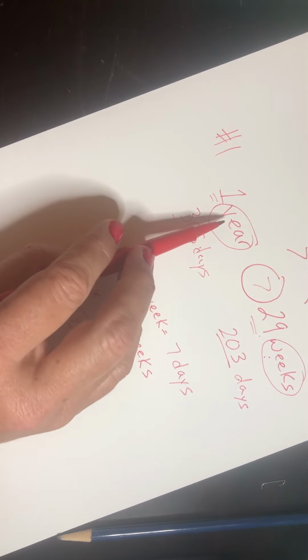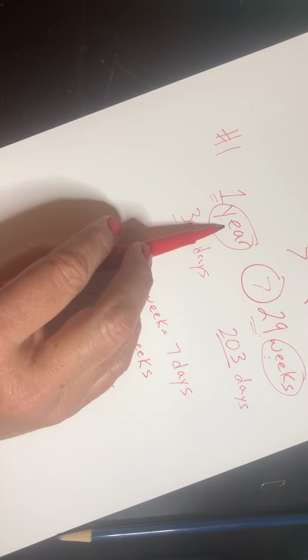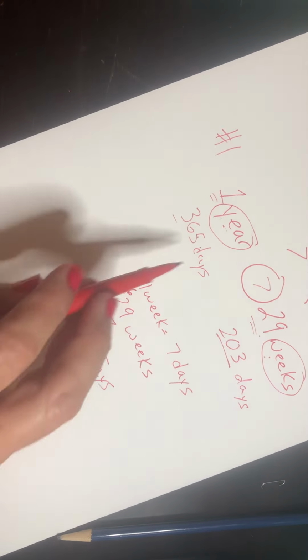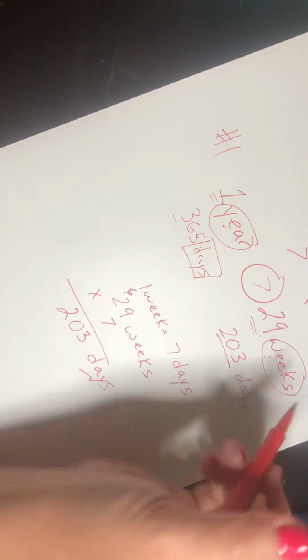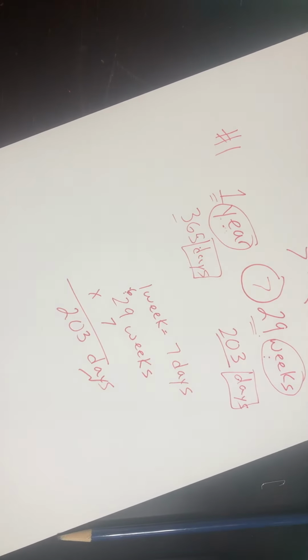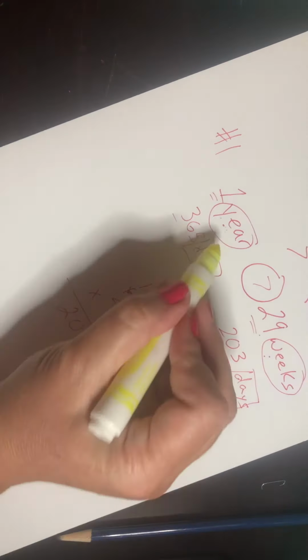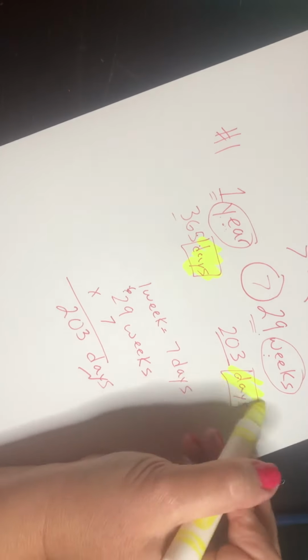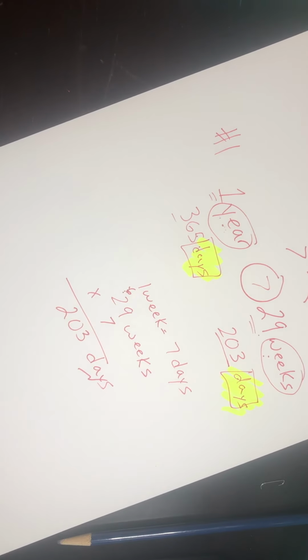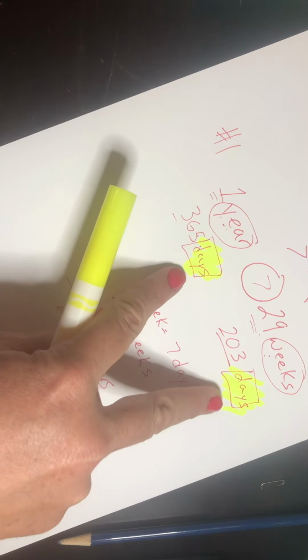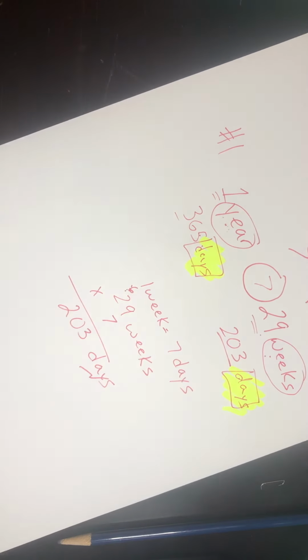So when you see this on your homework for today, make sure you are talking about the same unit of time. Are you talking about days to compare them? Are you talking about months to compare them? Are you talking about minutes to compare them? So whatever the question is, try to convert it into the same unit of time.